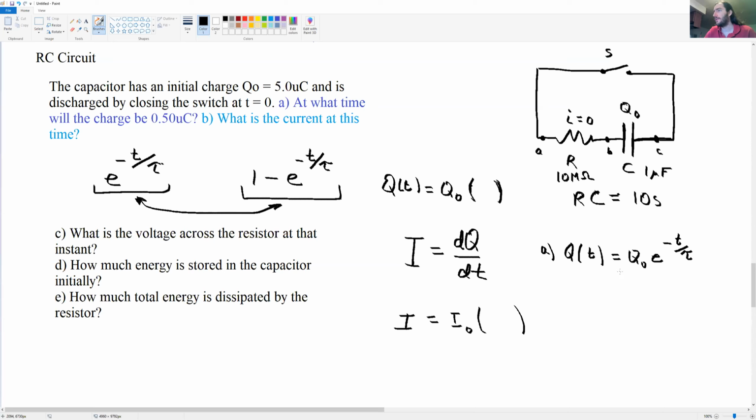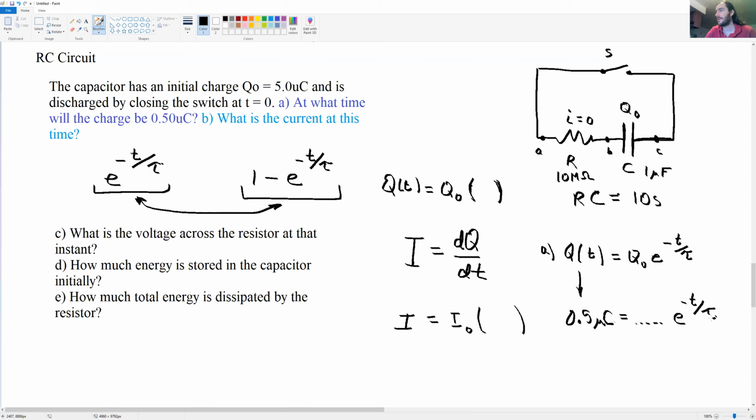And so if we want to solve this for a time when the charge is half a microcoulomb, that means we plug in half a microcoulomb on this side, and that's got to be equal to the initial charge times the exponential.